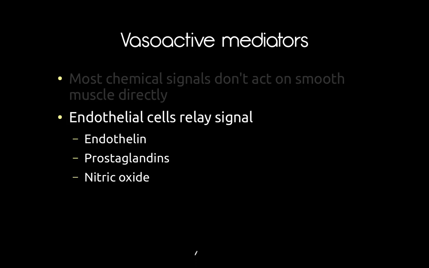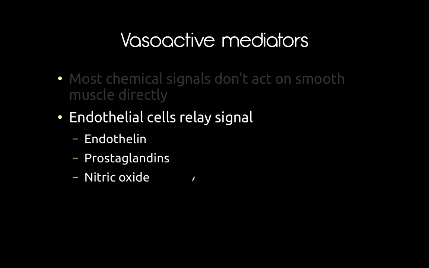Some of these signals can be these particular paracrine signals, endothelin, prostaglandins, and then an interesting one, nitric oxide, which is actually a dissolved gas, which is an interesting messenger. So generally what's happening is these factors I just talked about are not acting directly on the smooth muscle. They're acting on the endothelial cells of the vessel, which will then relay the signal to the smooth muscle via these signal molecules here.